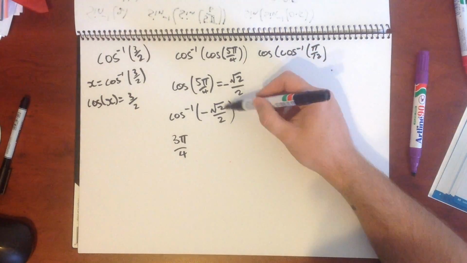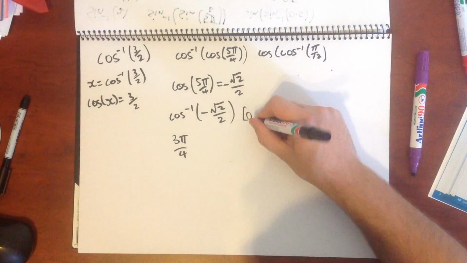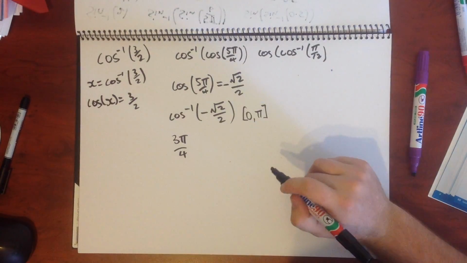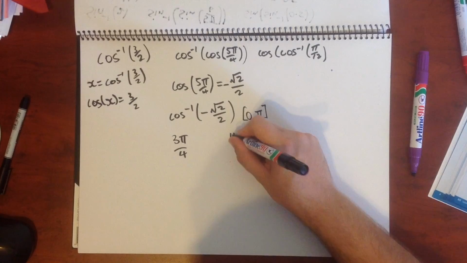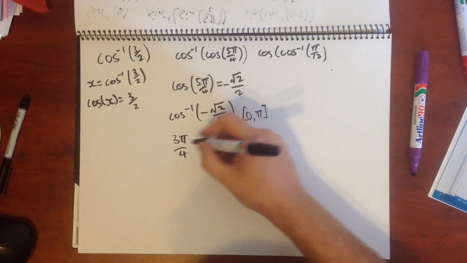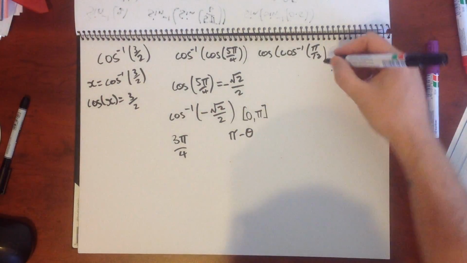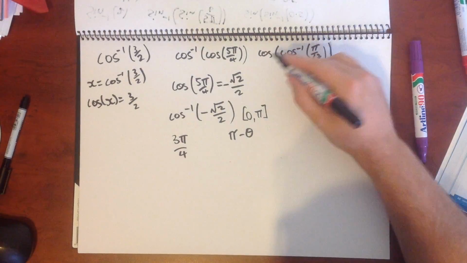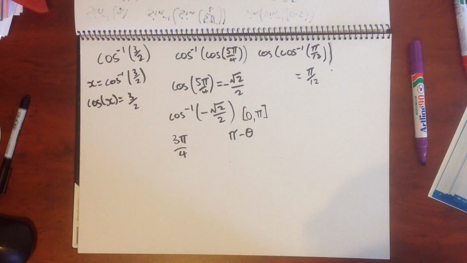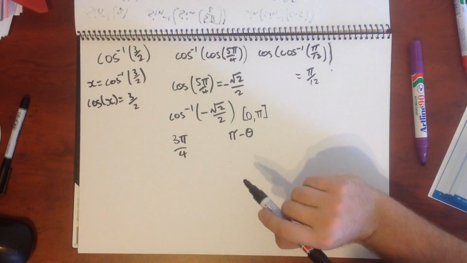The only time this is going to work for the domain of 0 to pi is if we're in the second quadrant, where our angle is found by going pi minus theta, and we know that theta value is pi on 4, hence we get our answer 3 pi on 4. And for this last one, nice and easy, because it's cos of the inverse cos, it is just straight up our value. The cos and inverse cos just cancel each other out, leaving us with our value.